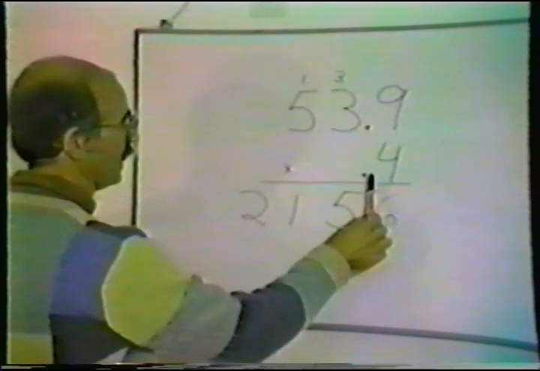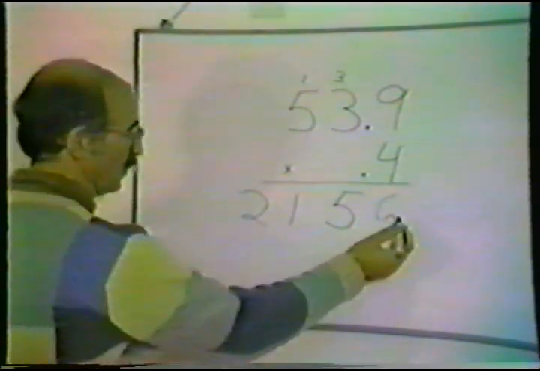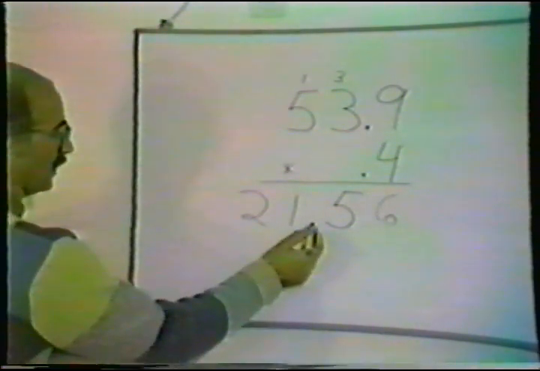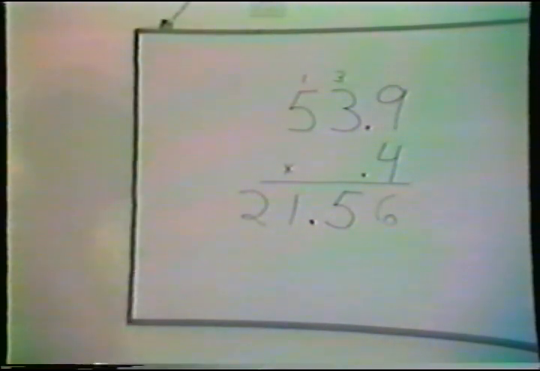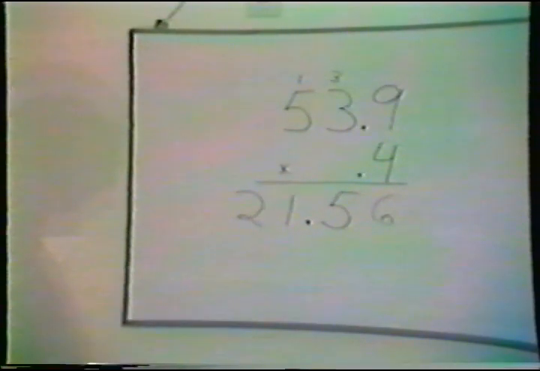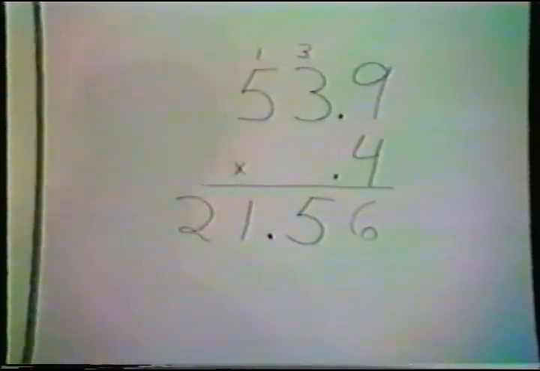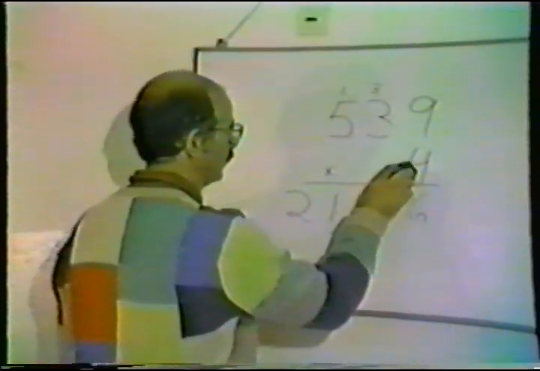This one and this one, 2 places. So I start at the end, and I go back 2 places, and that's my answer. Please read the answer. 21 and 56 hundredths. That's correct. Now we'll change the problem again.